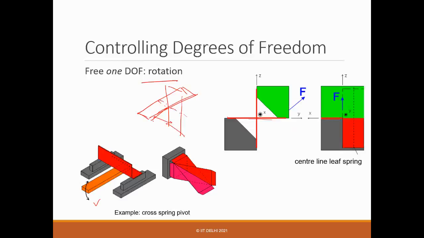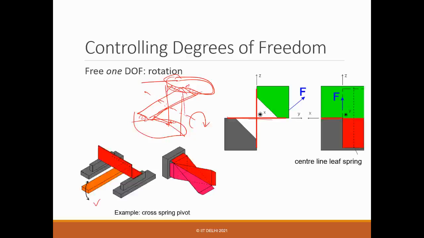These are connected together with the rigid body, and these two ends are connected with one. So when you apply a movement, it can rotate along this line. This is the idea. So you get one rotation along this axis. Very simple one.